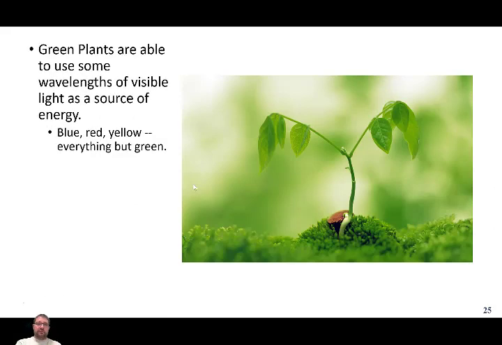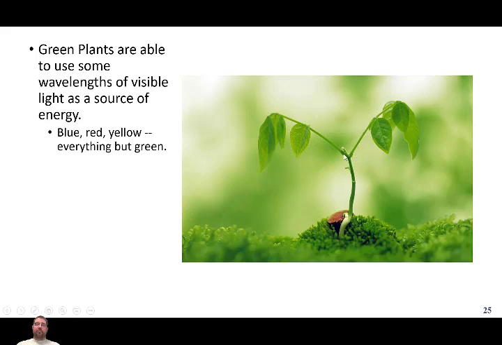All right, so we already discussed this in quite a bit of detail, that green plants, so if you're looking at a plant and it has a green leaf, you now know that green color is reflecting back the part of the spectrum of visible light that the plant cannot absorb. So in this case, if it's green, it's absorbing everything but green.